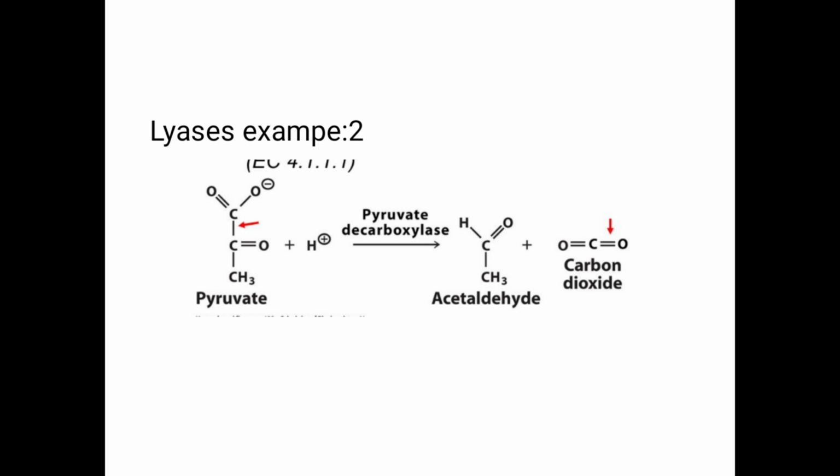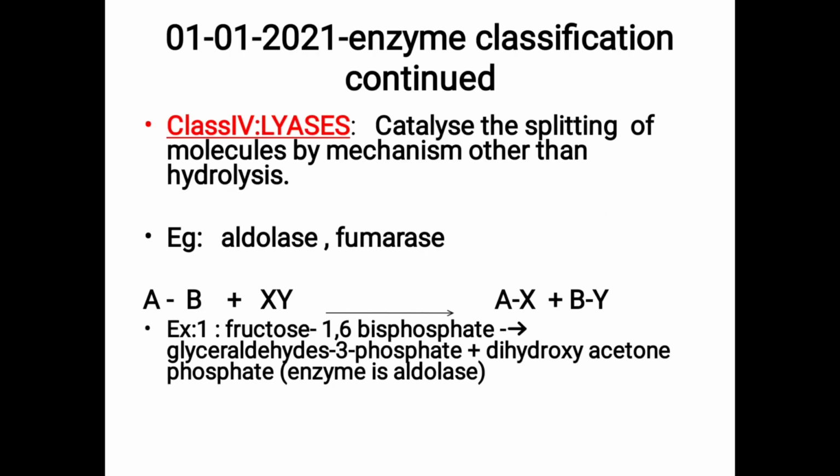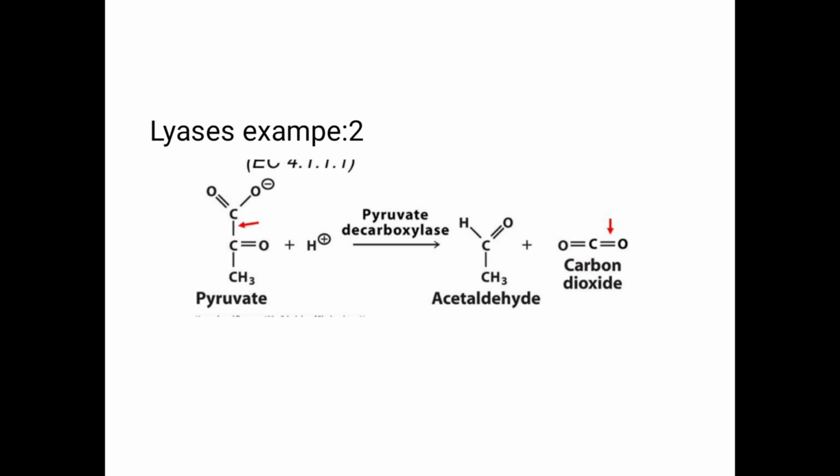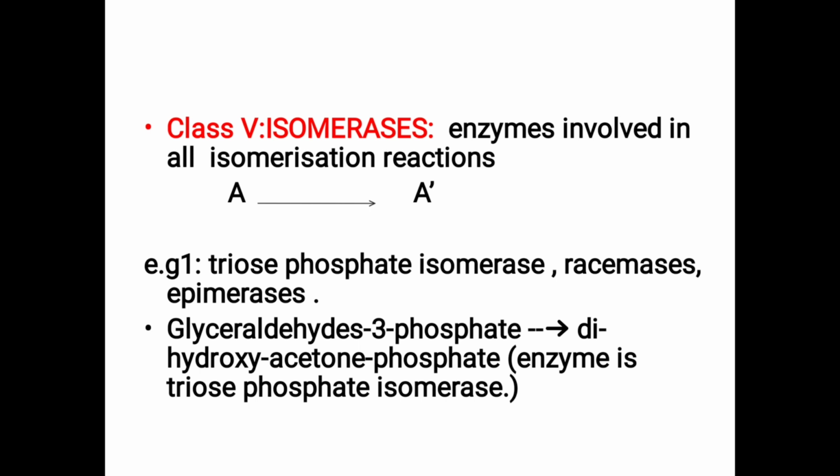So pyruvate is split here also. This enzyme comes under the lyase group. So the first example you saw was fructose 1,6 bisphosphate to glyceraldehyde 3 phosphate plus dihydroxyacetone phosphate, with aldolase as the enzyme. The second example is pyruvate decarboxylase. Both are lyases.